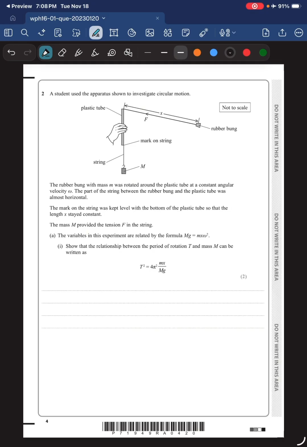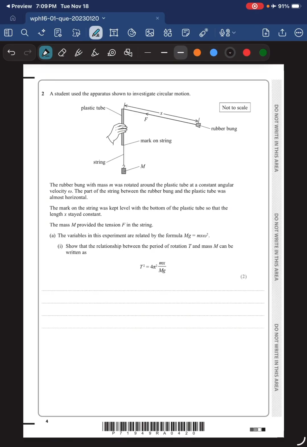Let's do question 2. A student used the apparatus shown to investigate circular motion, and they show the apparatus. The rubber band with mass m, this one, was rotated around the plastic tube at a constant angular velocity omega. The part of the string between the rubber band and the plastic tube was almost horizontal.